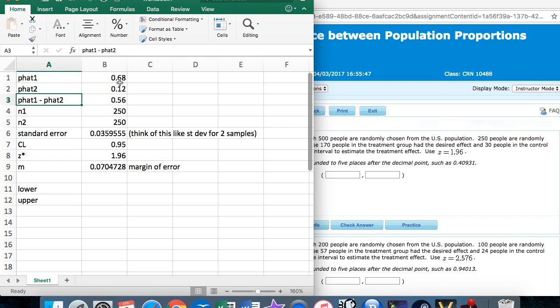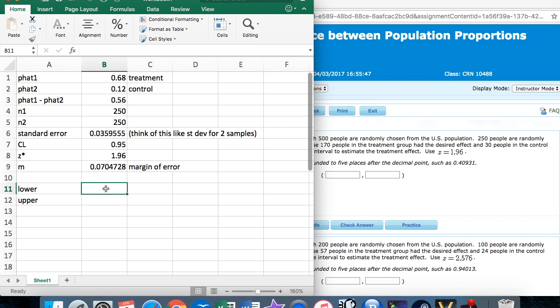So this is treatment, and this right here is control. We're seeing what is the increase of proportion from here to here? So in other words, what's my p hat 1 minus p hat 2? Well, 56%. So that's a pretty strong increase, right?